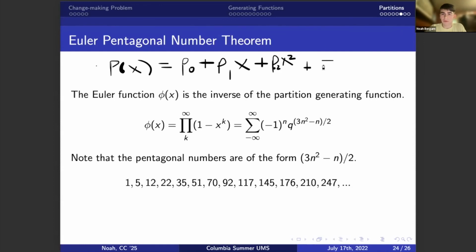And as we might recall from the end of our generating function section, the partition generating function is represented by the infinite product over all k of 1 over 1 minus x to the k.